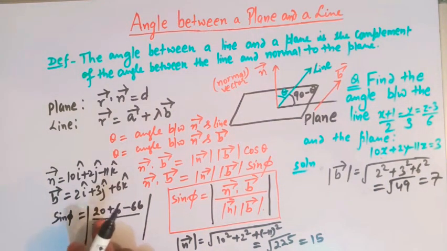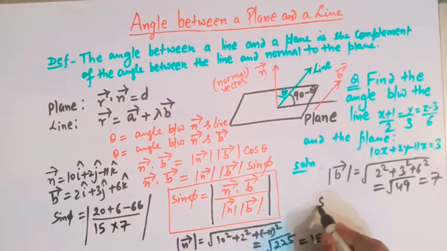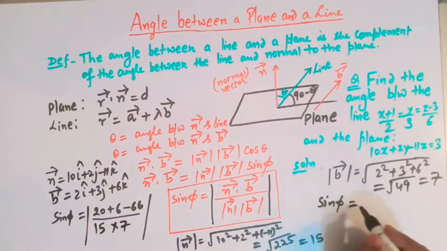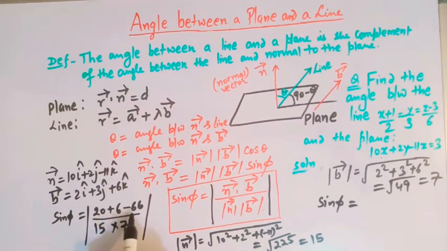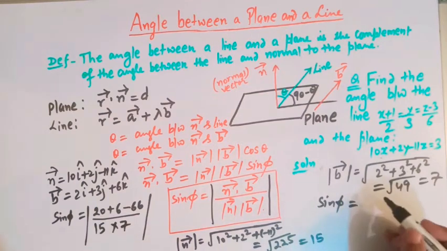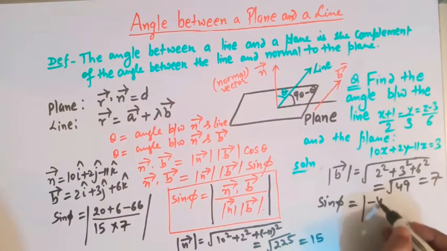So for the magnitude of vector n we can write 15, and here we can write 7. So sine phi is 20 plus 6 is 26, minus 66, which is equal to minus 40, divided by 15 into 7.